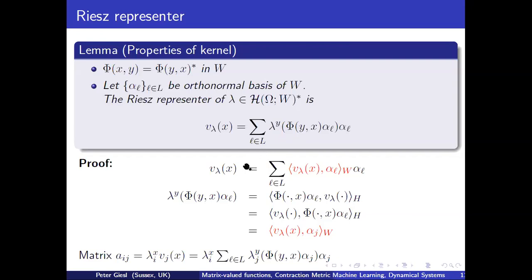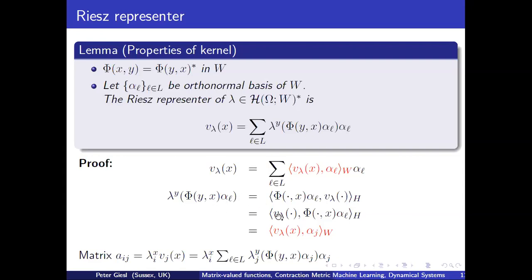So let's have a look at the proof of this property. First of all, by the properties of the orthonormal basis, we can write V lambda just expanded along the orthonormal basis here. And now we're just looking at this red term here and want to say this term is the same as the term up here. Now we've proven our statement.